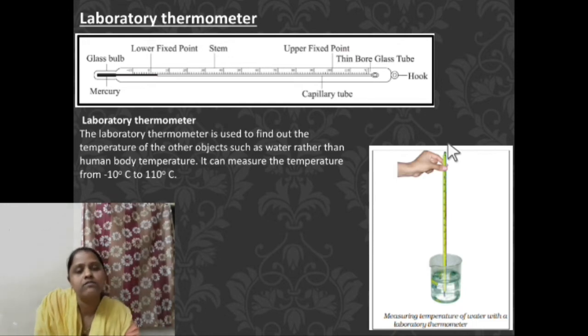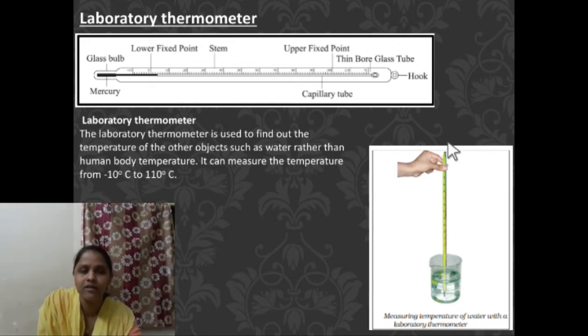the laboratory thermometer. We use this type of thermometer in the science lab for doing science experiments, and particularly for measuring the temperature of water, and it can measure the temperature from minus 10 degrees Celsius to 110 degrees Celsius.